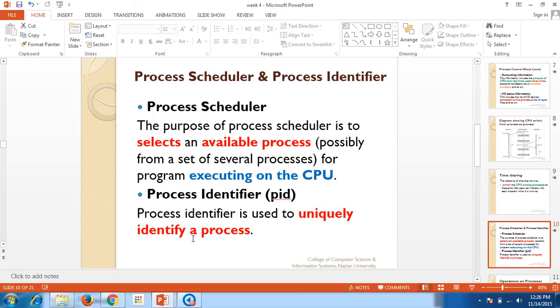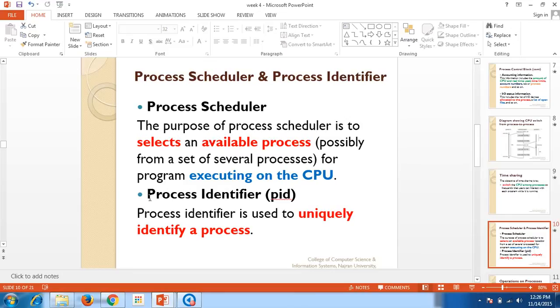It's very important for smooth execution of all the processes. The purpose of the process scheduler is to select an available process, because maybe more than one process is available, so we need to select one for executing on the CPU.